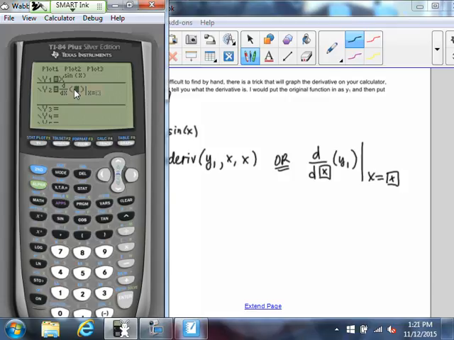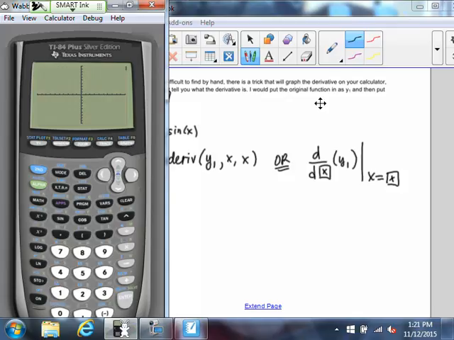And you could go ahead and type in y1 all over again. But if you already have it in the y1 spot, you hit vars, Y-vars, function, y1. And then we want it evaluated at every single x value. So when you hit graph, it will graph it for you. If I wanted to only graph the derivative, you can deselect that and hit graph.